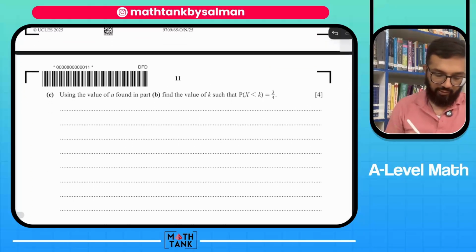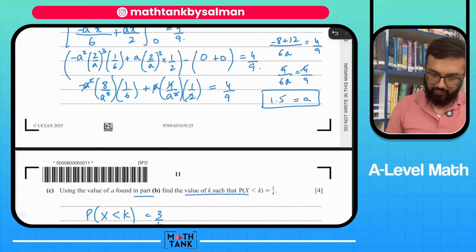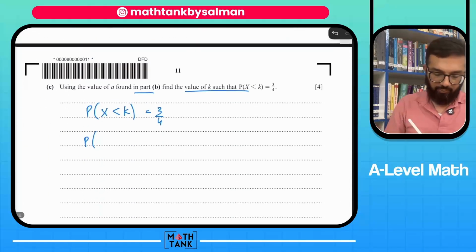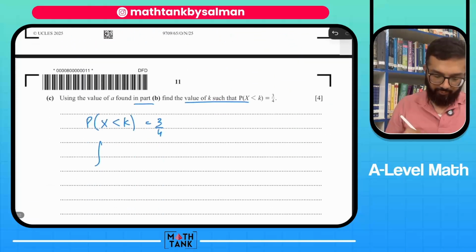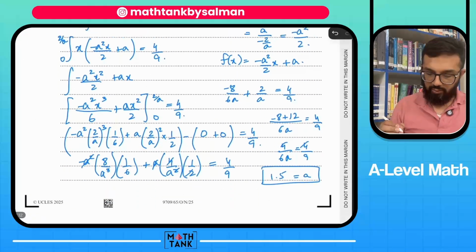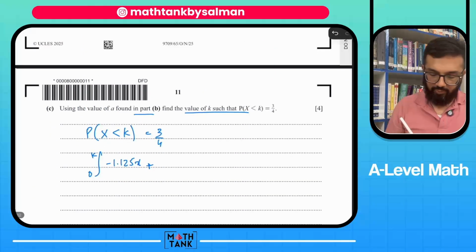Okay, using this value of A found in part B, find the value of k such that probability of x less than k is 3 over 4. So I have the function. I can just write out the function, which is 1.5 squared divided by 2. Let's write that in decimals only, so that's easier to write. 1.125, from 0 to k, minus 1.125 x plus 1.5.